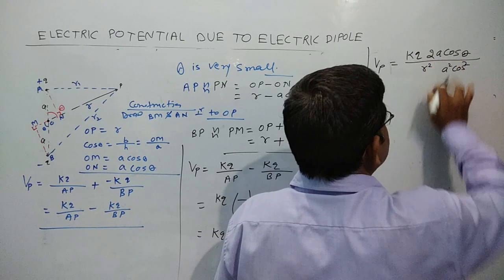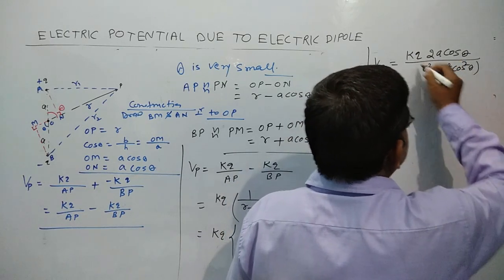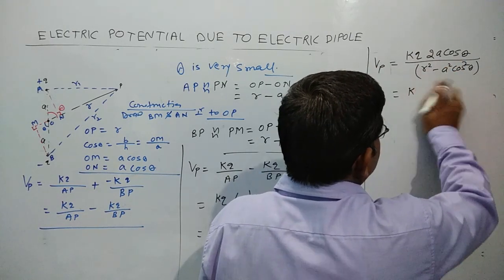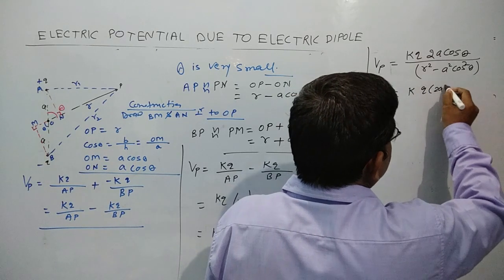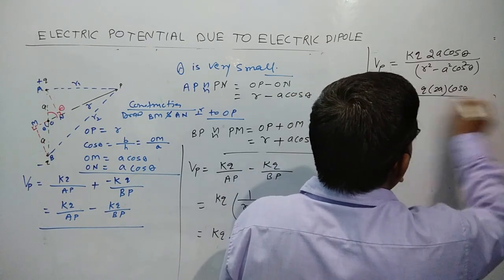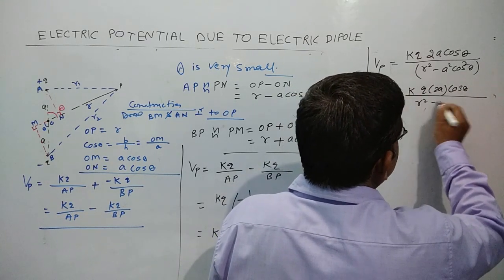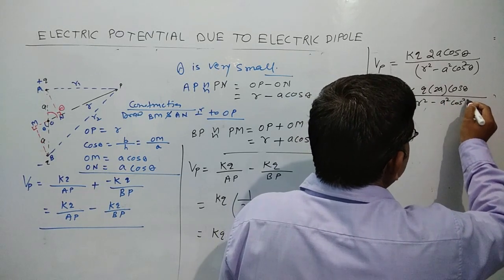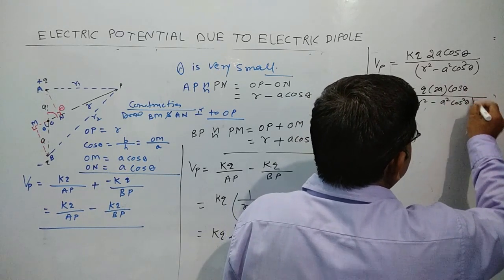This is a minus sign, cos square theta. That gives Q into 2A cos theta upon R square minus A square cos square theta.